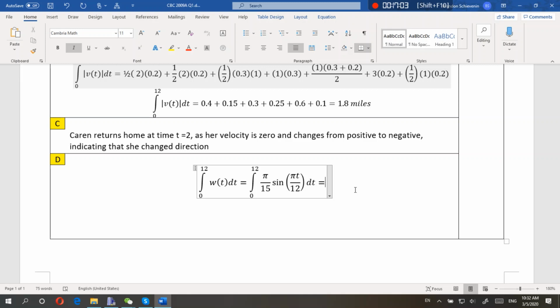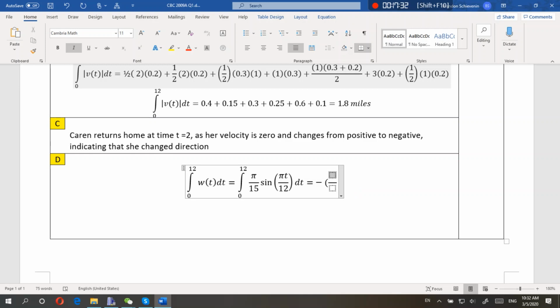So what happens when we integrate? So minus cosine. Okay, what's the coefficient though? Pi squared over 180. Not quite. Oh wait, the pi cancels out. There we go.